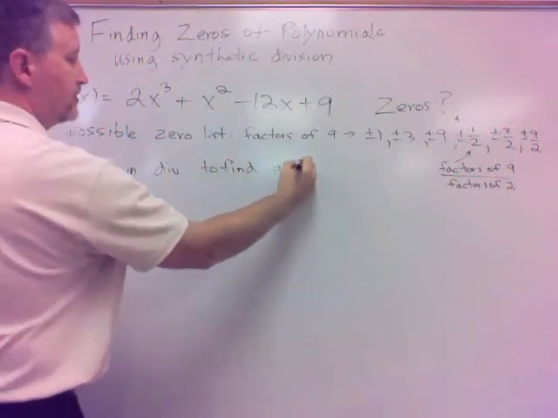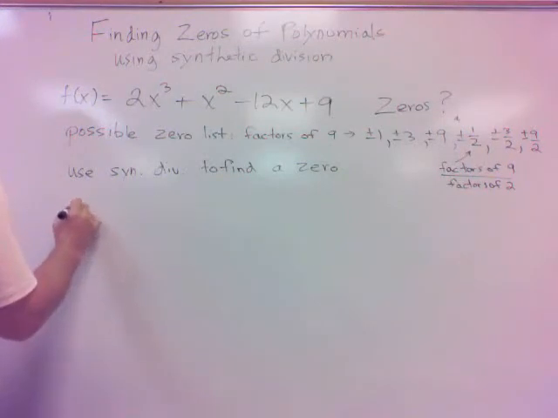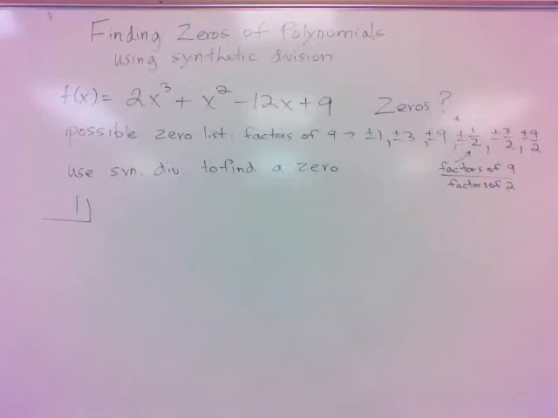And really, if you think about it, all we need is 1, because that's all we found last time, and that got us all 3 after a little bit more work. Okay, so let's just start. Let's start with 1. The first one on the list there.